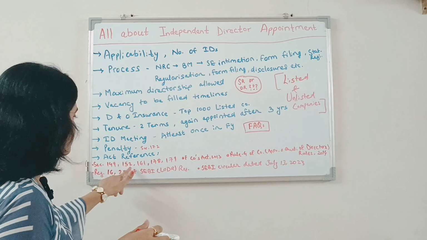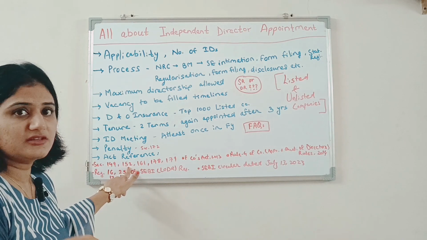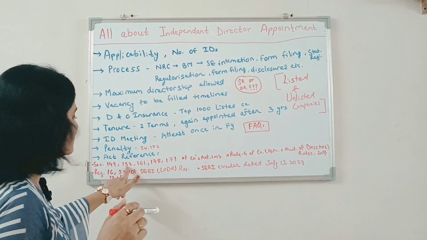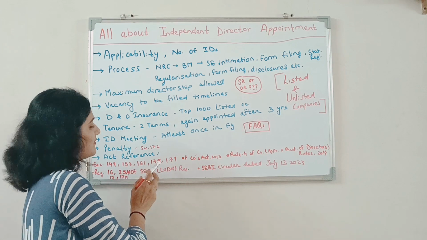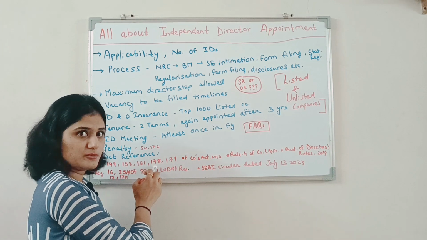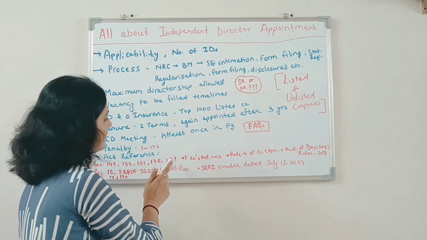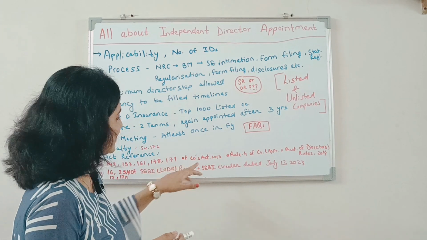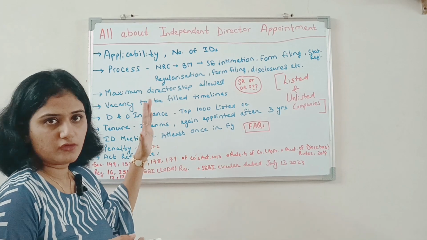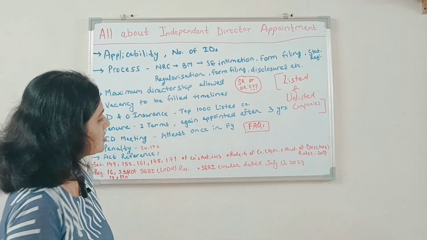This clearly mentions that at the time of reappointment a special resolution is required. 161, this is for additional director provision. 178, nomination remuneration committee provisions. 179, board power, board meeting power. So these are a few provisions which are applicable for this particular appointment process.